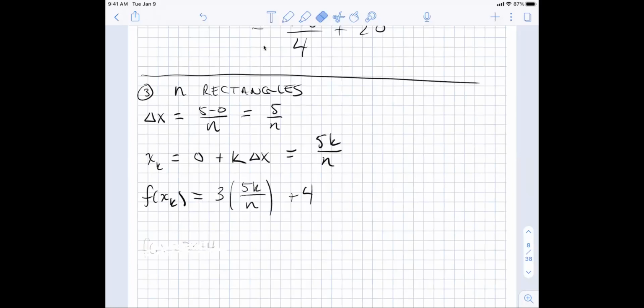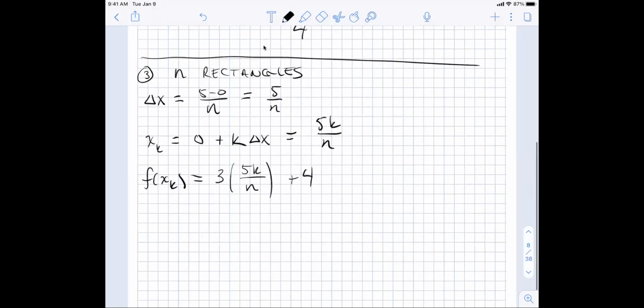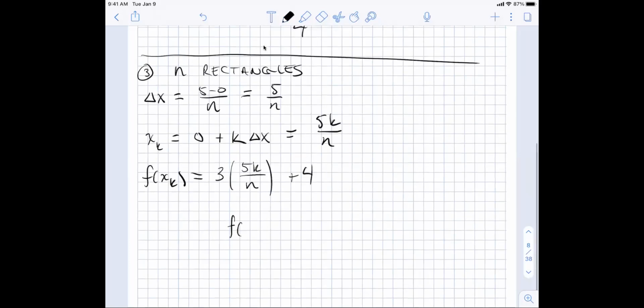And again, draw this out as often as you need to, by the way. If you need to draw it out each time, do it, be my guest. I think we're going to do this often enough that eventually you won't need to, but until you feel really comfortable with it, definitely draw it out every time. So the area of a general rectangle, again, the height is the function value at the right edge, that's f of xk.